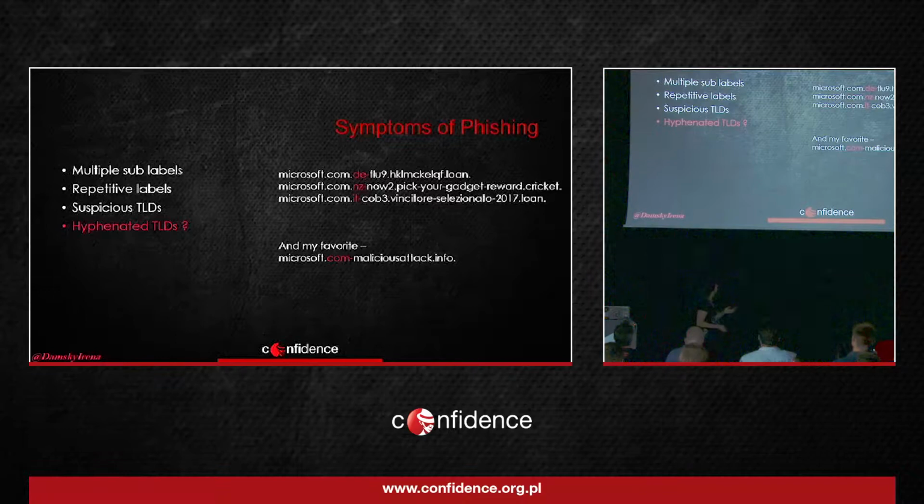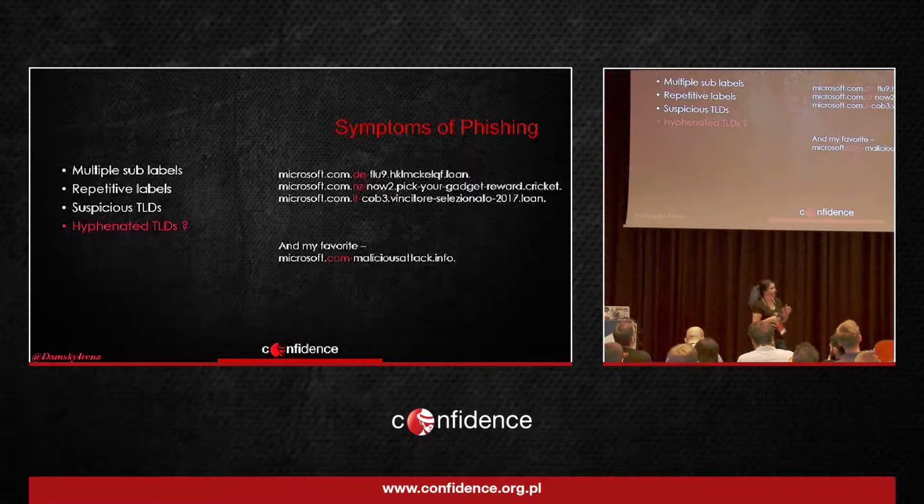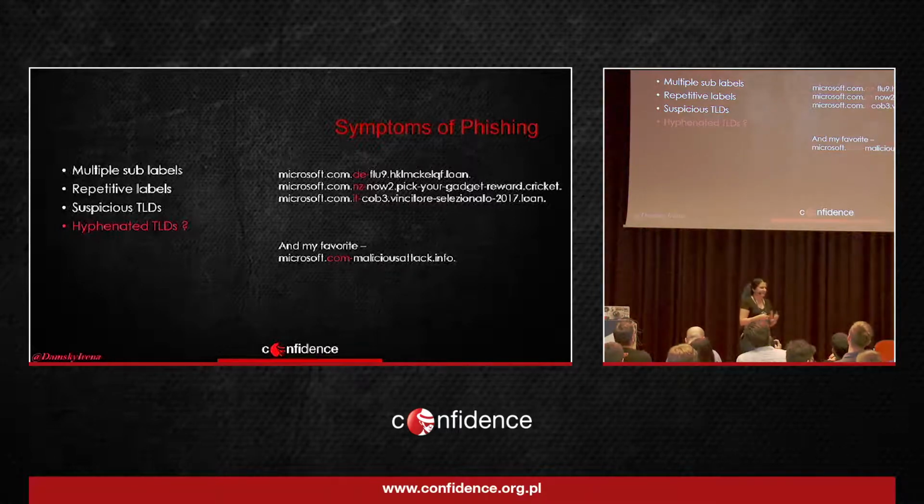So if you see stuff like microsoft.com.de, if it would have ended there, that might be a legitimate website. But microsoft.com.de-flu9, whatever goes on, that's not. Just imagine that a lot of websites are using stuff like Microsoft.com/ and then the path for the URI that you're accessing.